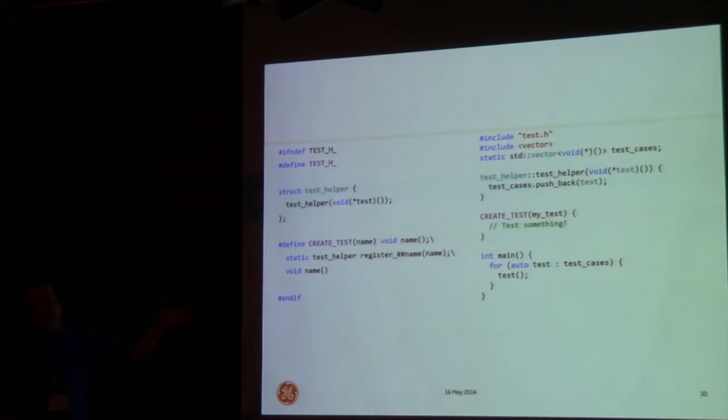I made the container static. It's only needed in this translation unit, so I really don't want anybody else to be able to see it. If you have to have a global variable, try to make it static so that it doesn't get too far away from you as easily. It's still pretty easy to get away from you.